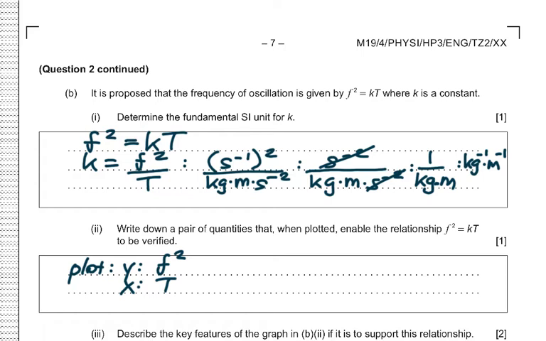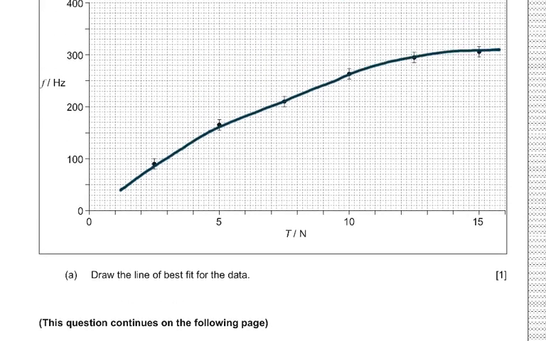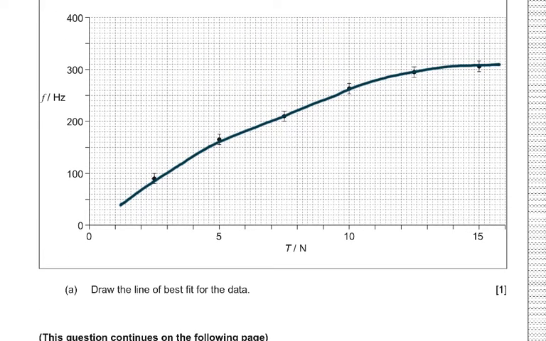It gave the relationship that f squared equals kT, and it says it's proposed that that's true. The reason why it's proposed goes back to the original graph. If we look at the shape of this graph, you might recognize it as having the form y equals radical x. Sorry, I was going to say f equals radical T, but that's what would make it linear.